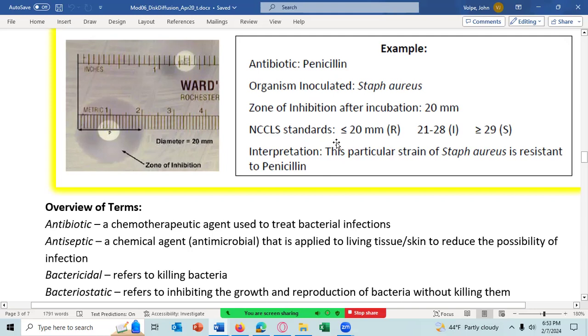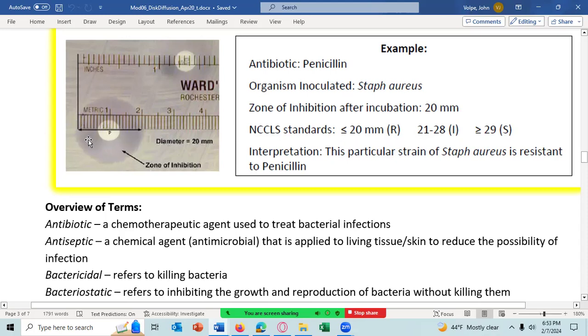The table says that if the size of the zone of inhibition is 20 millimeters or less, then this bacteria is resistant to this antibiotic. And if the size of the zone of inhibition is between 21 to 28 millimeters, the bacteria is intermediate to this antibiotic.